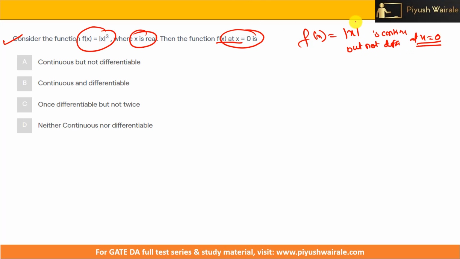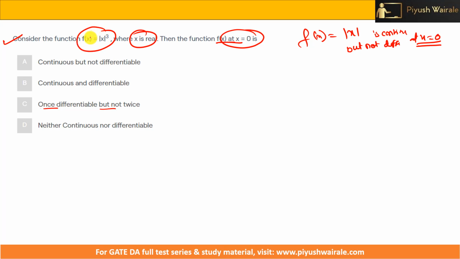So if you take any polynomial in mod of x, it will be continuous for sure, right? So we need to check whether it is continuous and differentiable or not. And here also, if you see option C, it is once differentiable but not twice. So we can see that also, right?